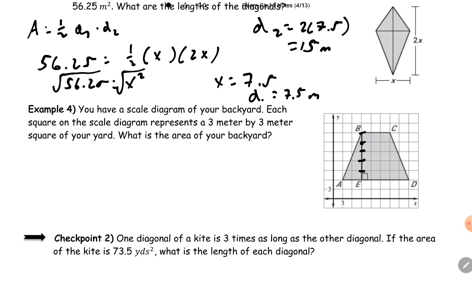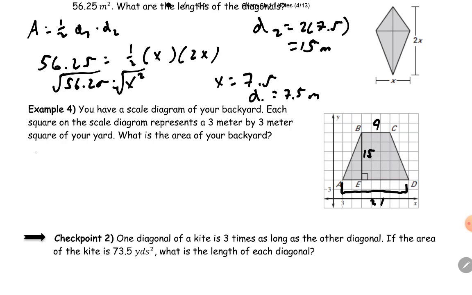So the height of this trapezoid, 1, 2, 3, 4, 5, is 3 times 5, which is 15. Base 1 is 3, 6, 9. 3, 6, 9, 12, 15, 18, 21. So this whole piece here is 21.